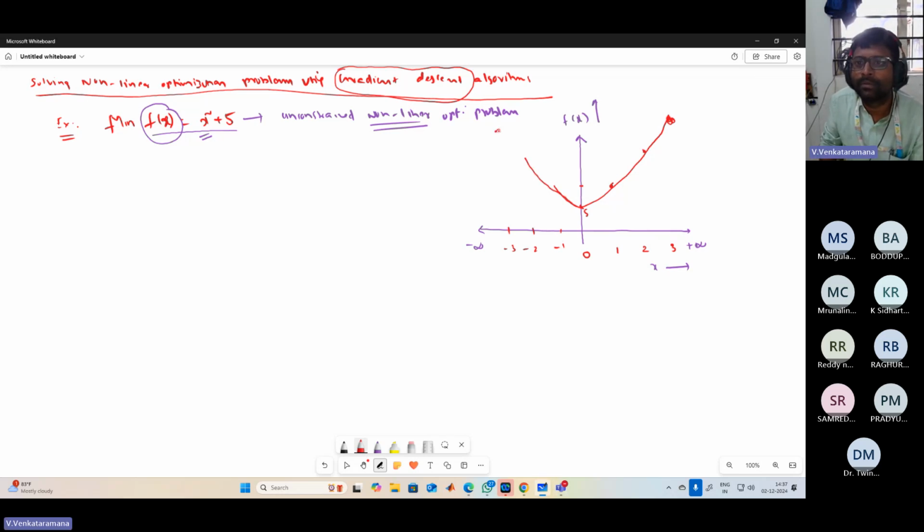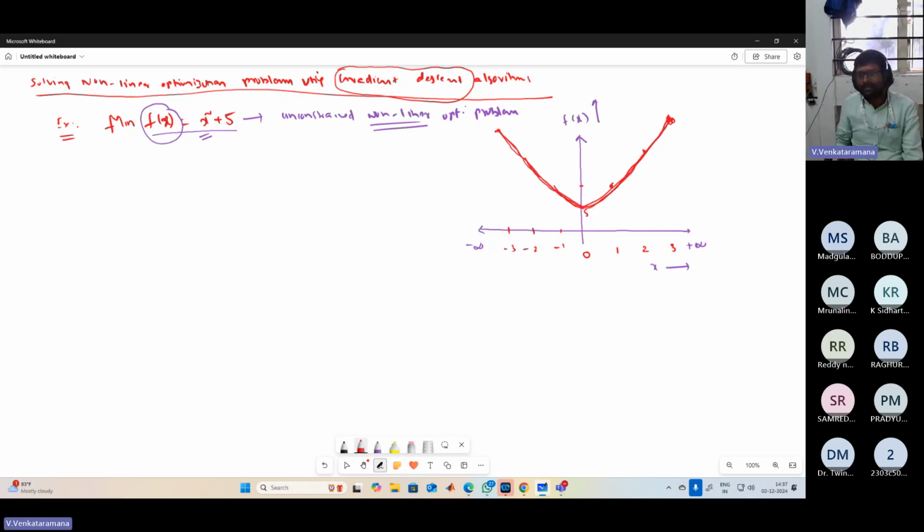Okay. So this is my curve. This is how my objective function varies with respect to x.